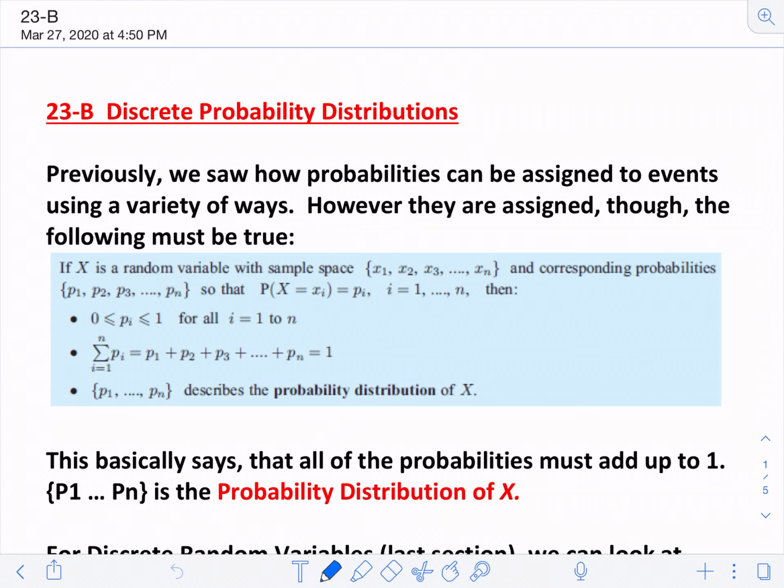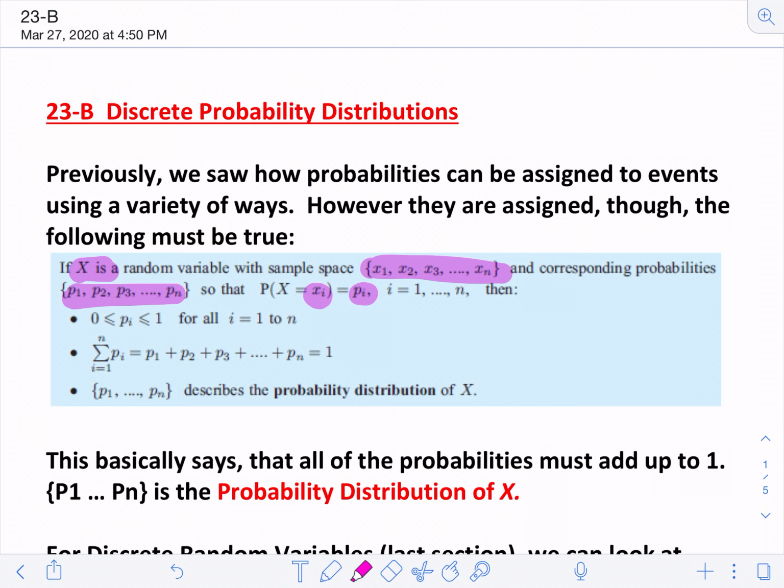It basically says if I have a random variable x, and this random variable x could be any of these values with corresponding probabilities for each of those values, such that the probability of x being a particular x value equals a particular probability value. So the probability of x equaling x1 is probability 1, and the probability of x equaling x2 is probability 2, etc. And if that happens, then there's a couple of things.